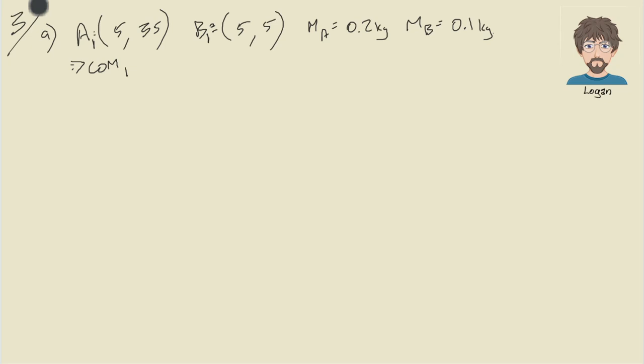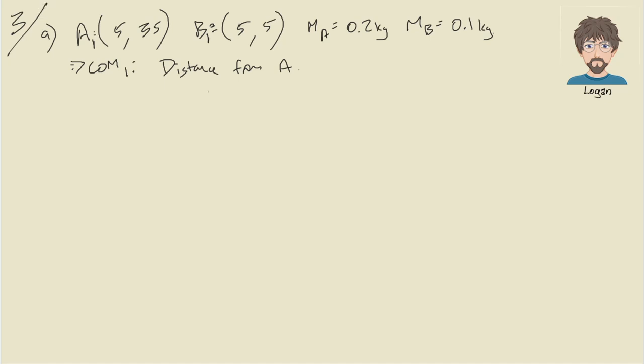Now clearly here on the x-axis they're in the same location, so we could just do it based on the y and use the 35 and the 5. There are lots of possible ways to do this. I'm going to go distance from A. So what have we got?